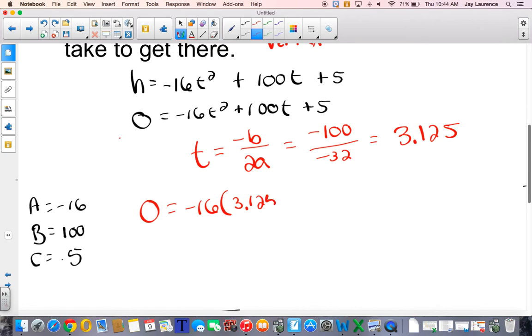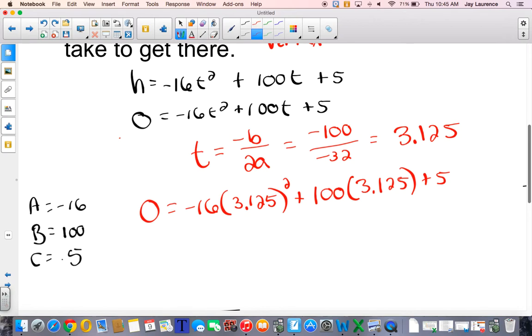All right, so I take that and I plug it in to figure out h. Negative 16 times 3.125 squared plus 100 times 3.125 plus 5.